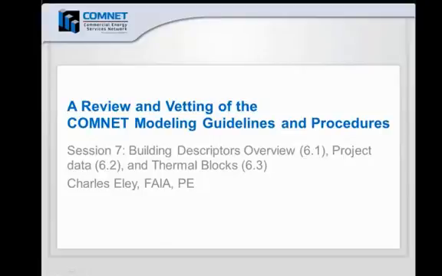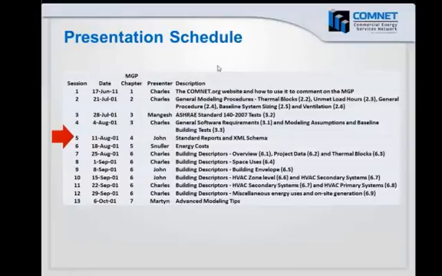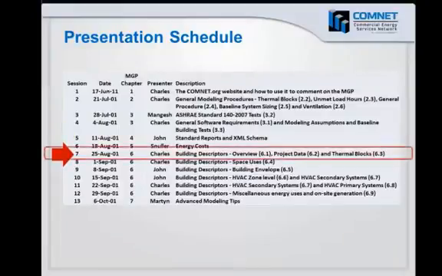Well, good morning, everyone. This is Charles Ely, and welcome to the seventh session on the COMNET modeling guidelines and procedures. So this is session 7. Today we're going to begin covering chapter 6 of the COMNET modeling guidelines and procedures.